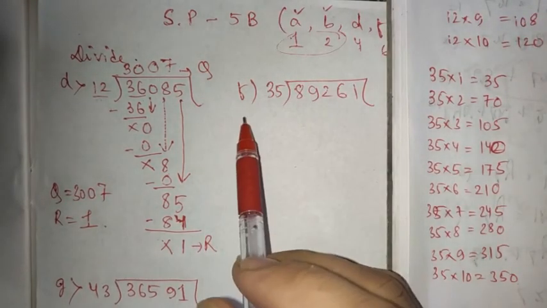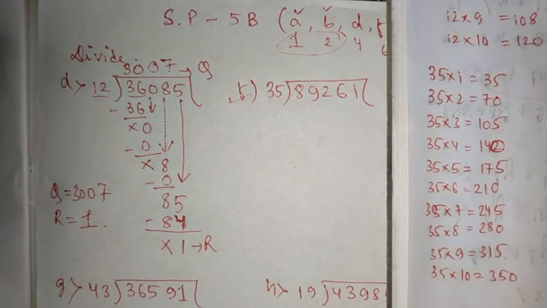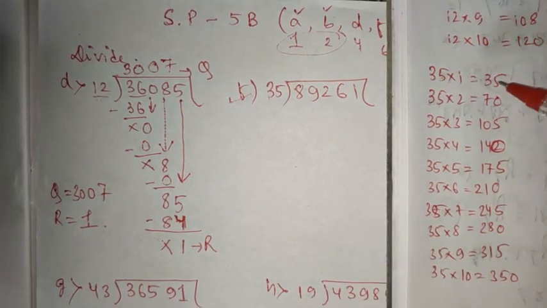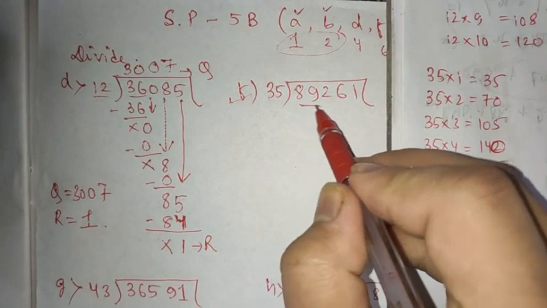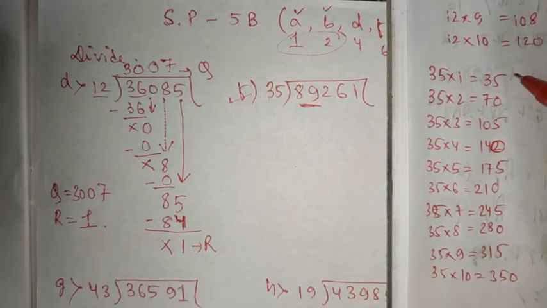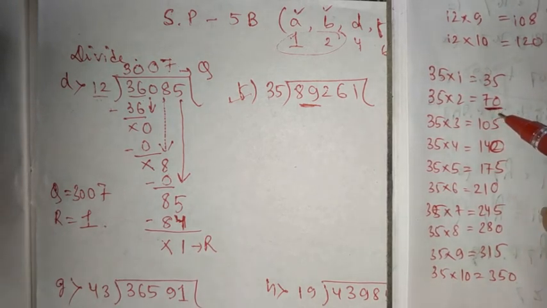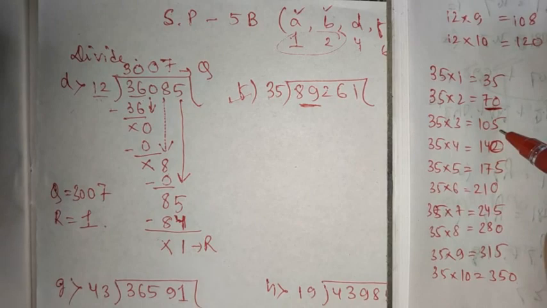So proceeding forward to question number 6 or F, that is 89261 divided by 35. Here I have written the table of 35. So you just check where this 89 lies. Do you see any 89? No, 89 is not there, but you can see 70 being the proper number for this 89, because 35 is smaller and 105 is bigger.